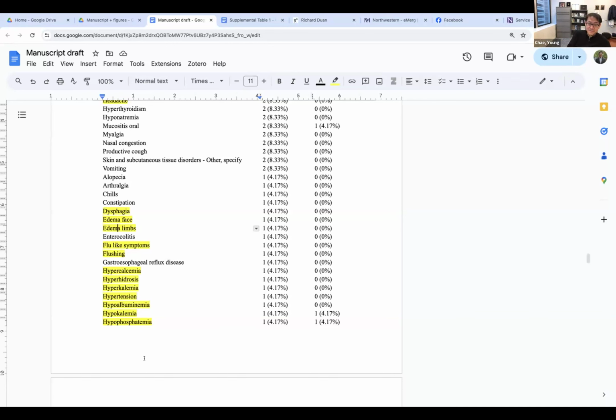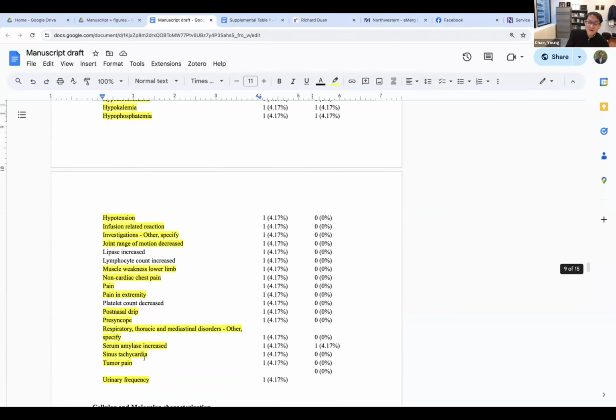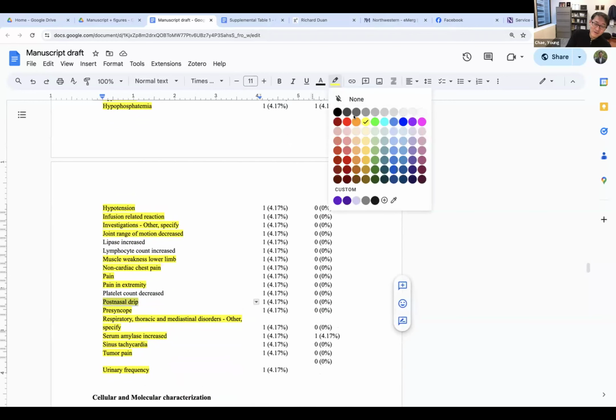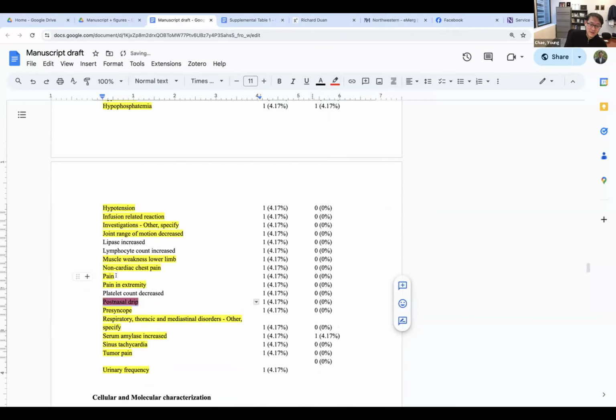So I'm going to say it's okay to take out the obvious ones that are not immune. Postnasal drip is probably not immune. Tumor pain is not immune. Urinary frequency is not immune.